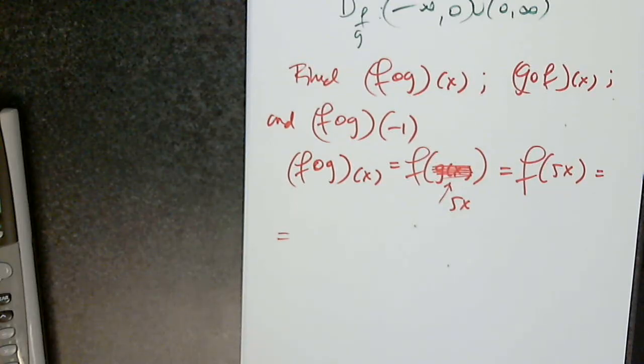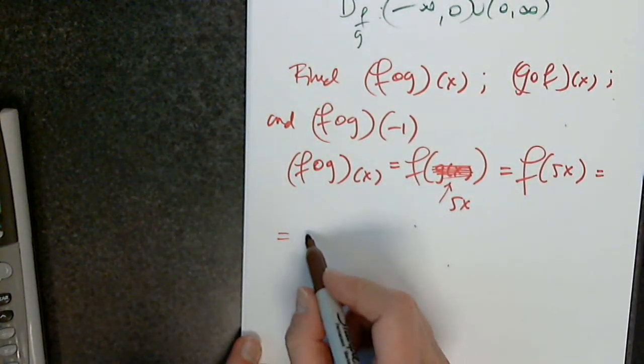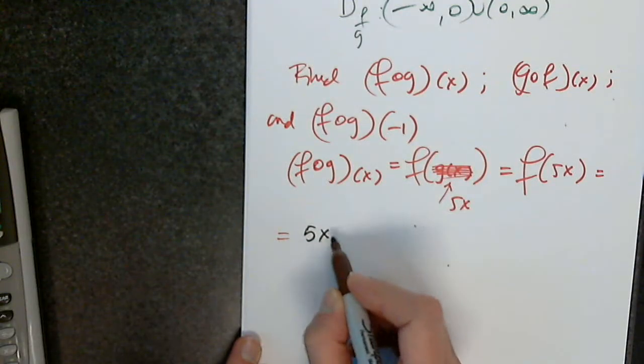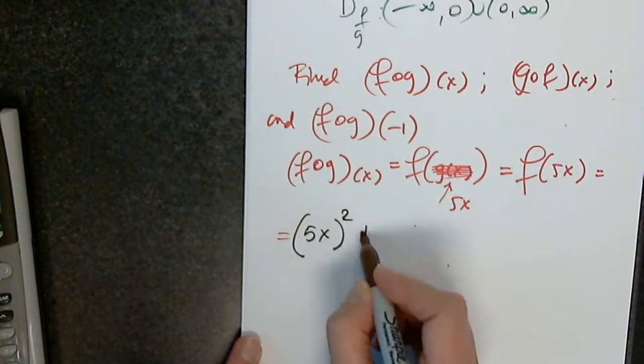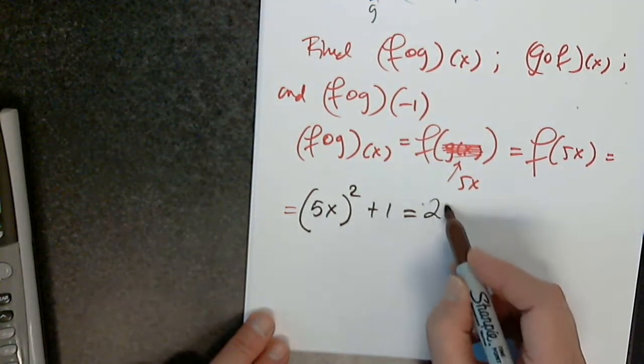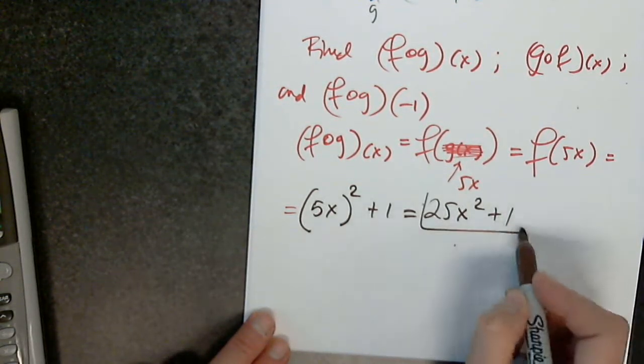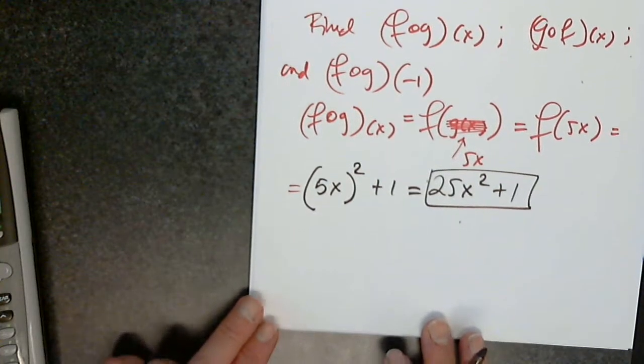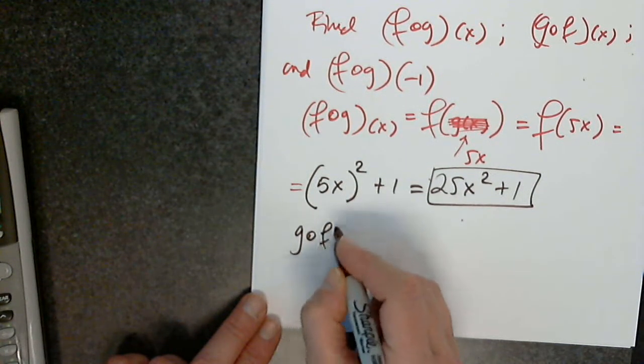How do I continue? So, what do I write? But how much is 5x squared? Any questions?